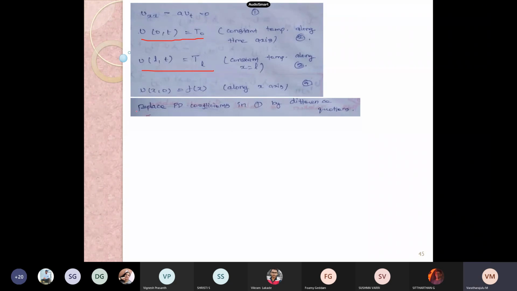And u of x, these are the various boundary conditions: boundary condition 1, boundary condition 2 and boundary condition 3. Let this be equation number 2.